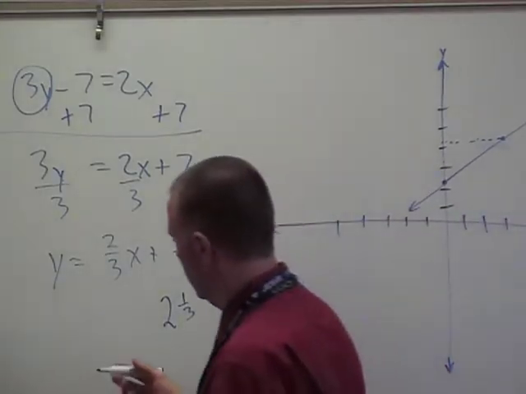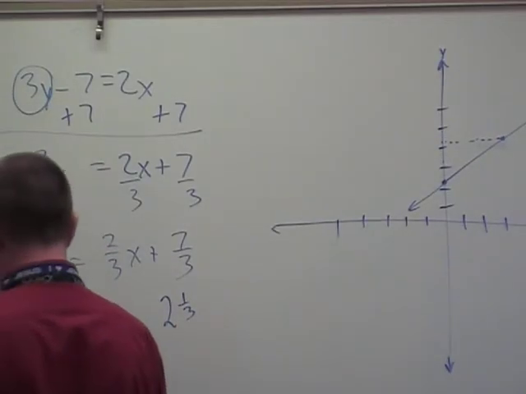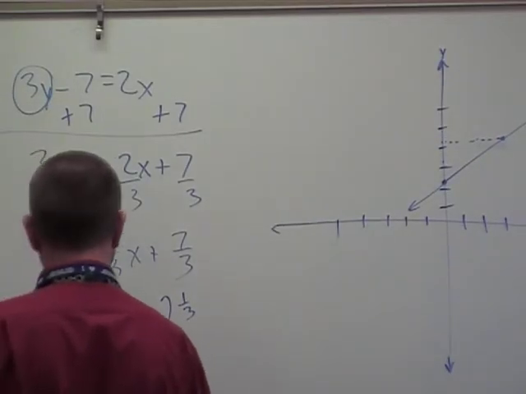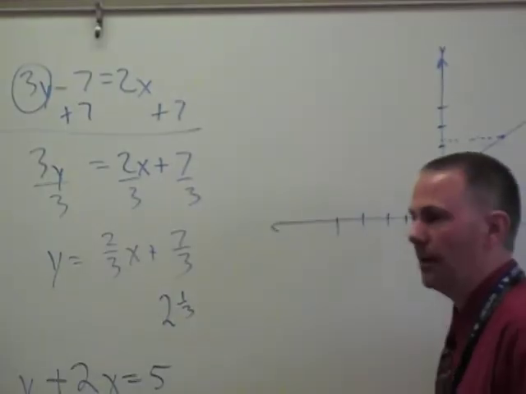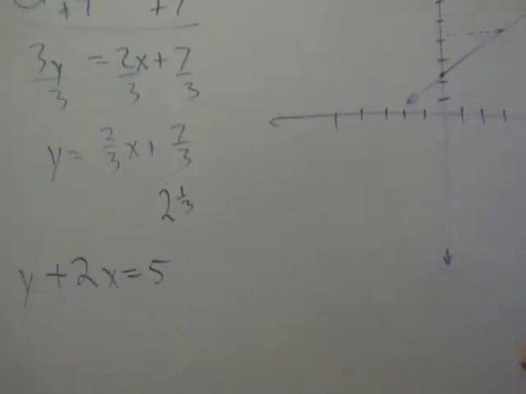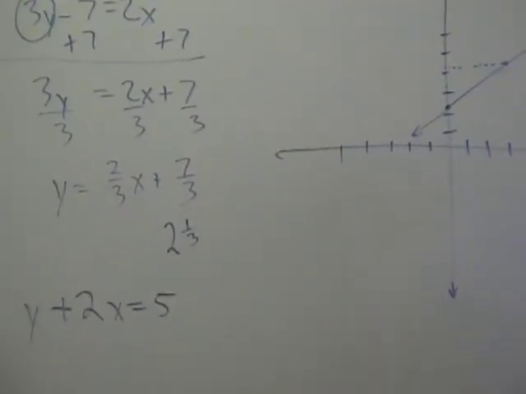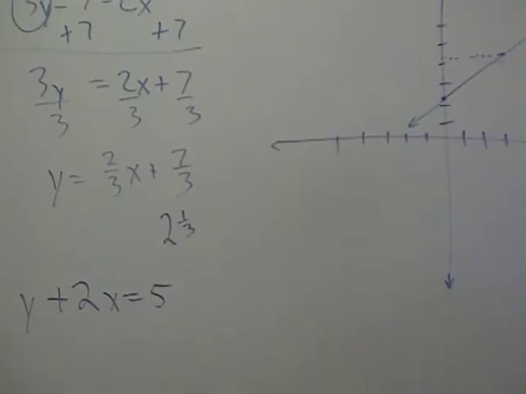Here's your other equation: y plus 2x equals 5. Put it in slope-intercept form and graph it accurately.